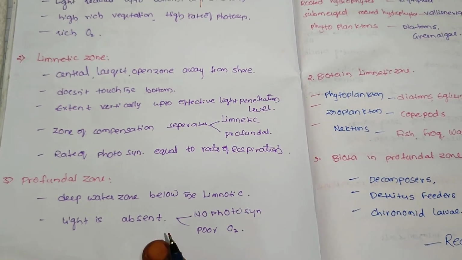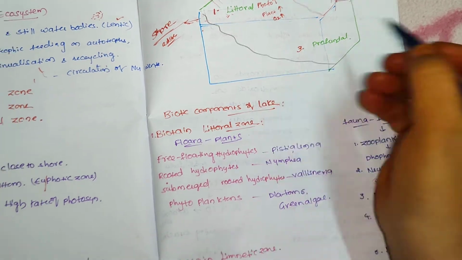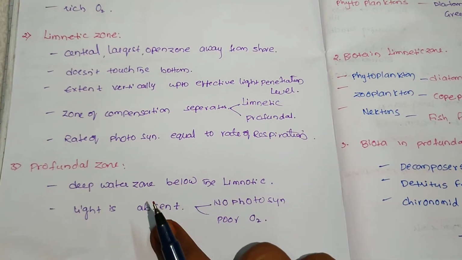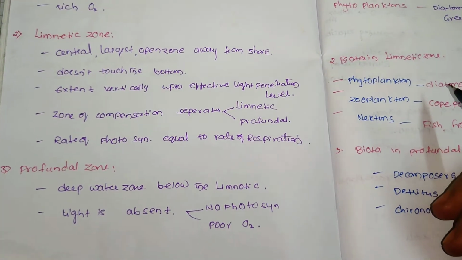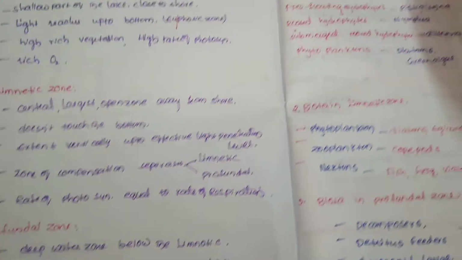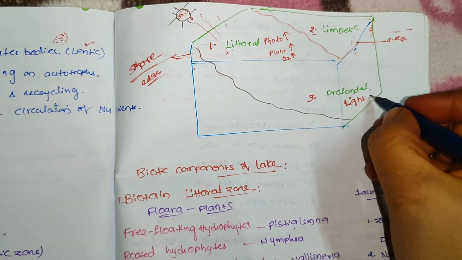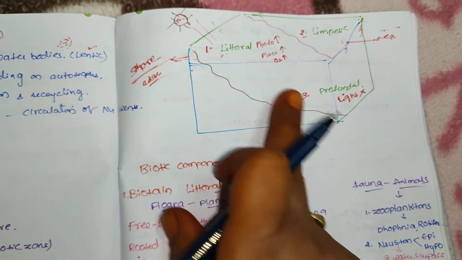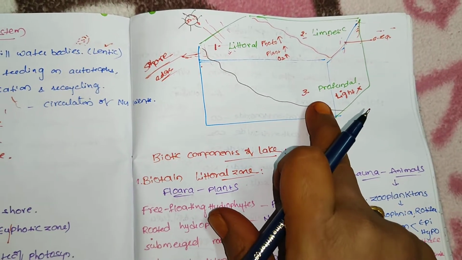Last is the profundal zone. This is the last zone of the lake ecosystem, a deep water zone below the limnetic. Here light is absent. It is the opposite of the littoral zone, littoral versus profundal.